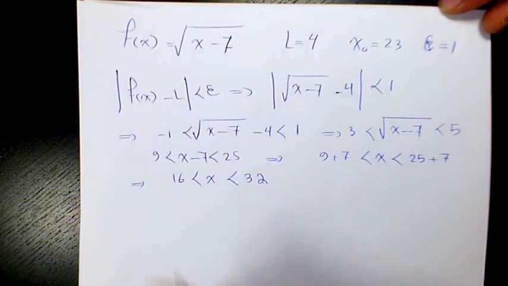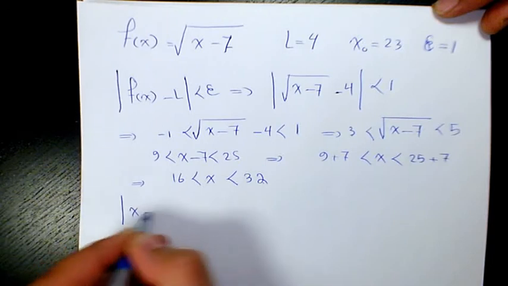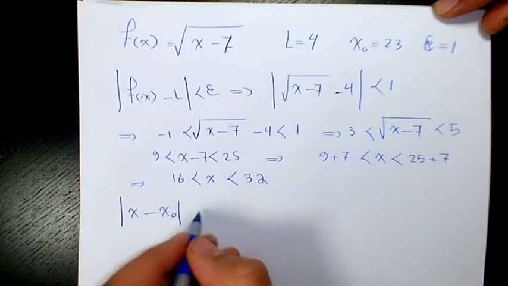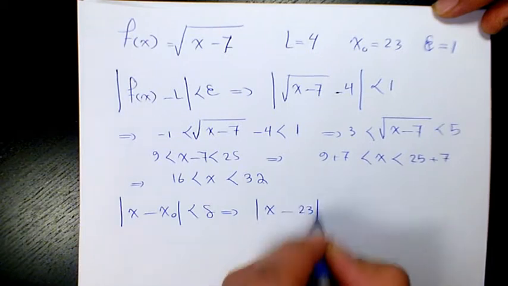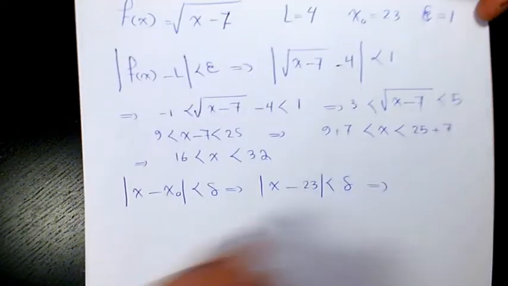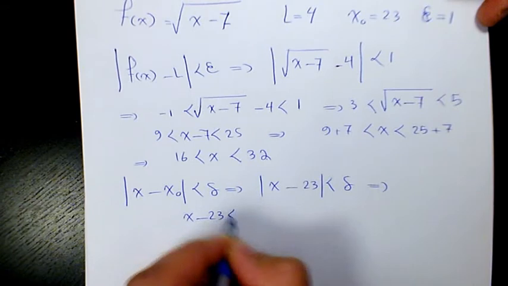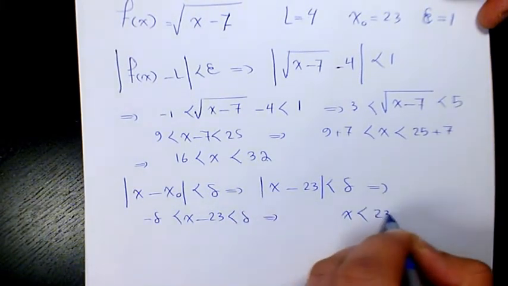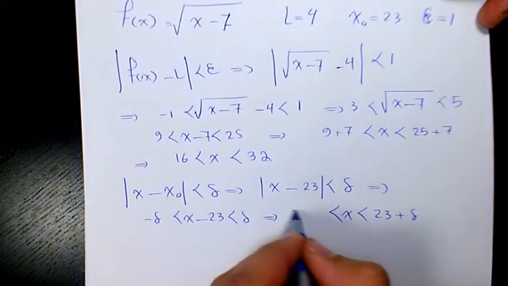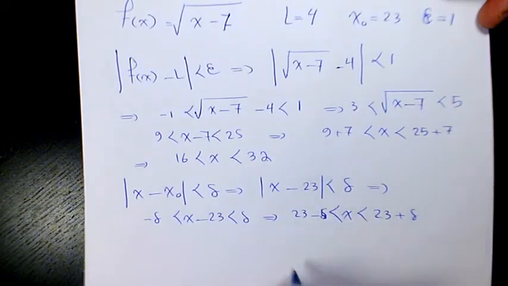On the other hand, the absolute value of the distance between x and x naught is supposed to be less than delta. x minus 23 less than delta, which means that x minus 23 is between negative delta and positive delta. So x is between 23 minus delta and 23 plus delta.